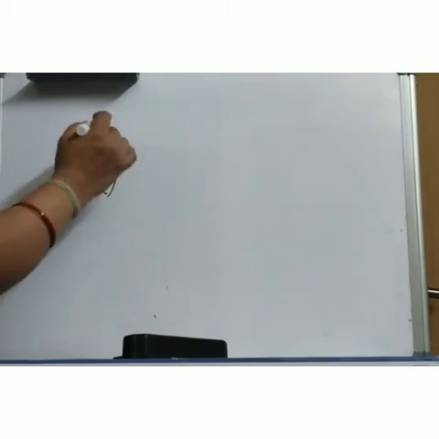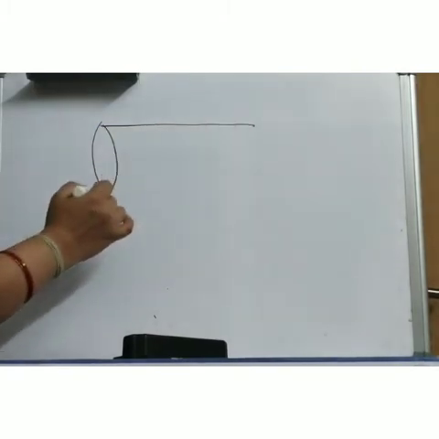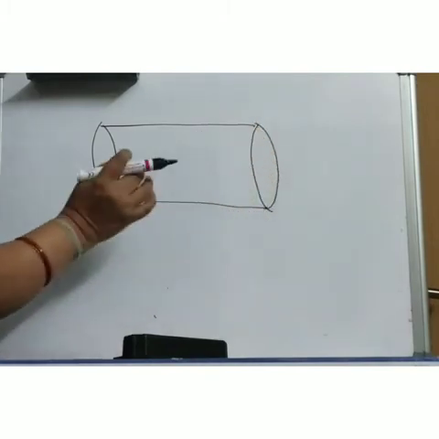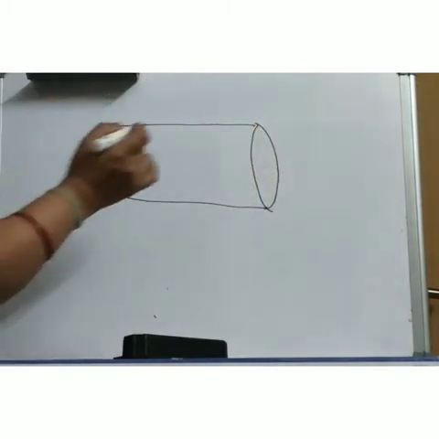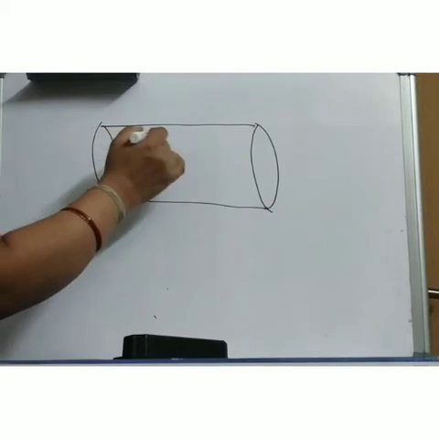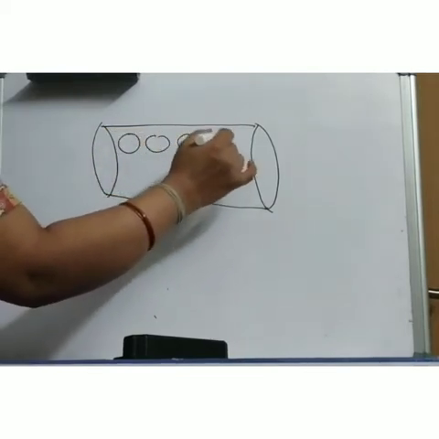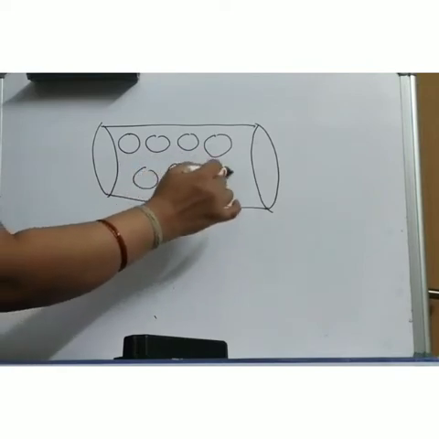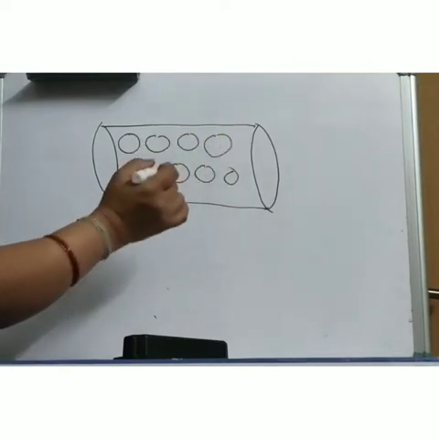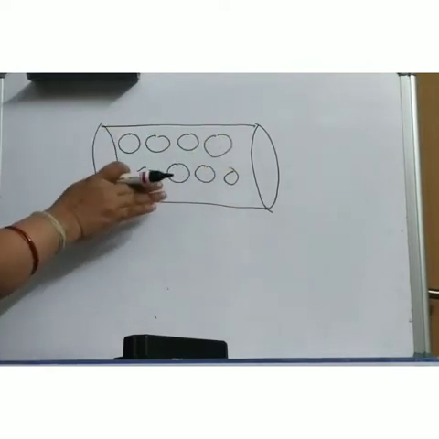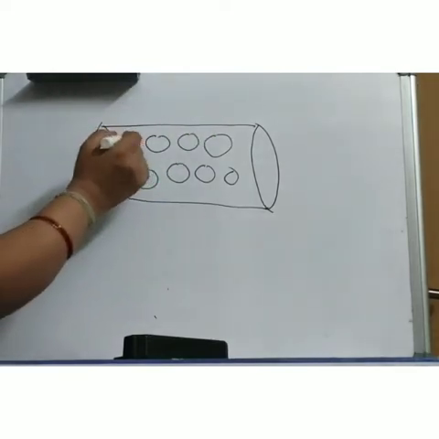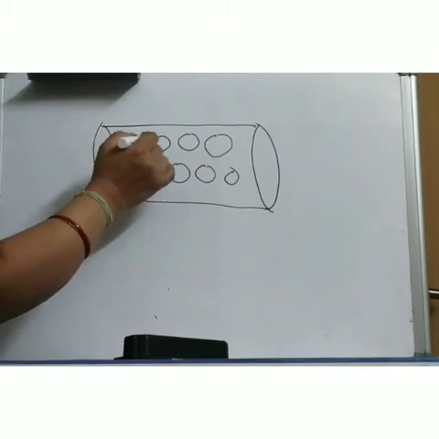Suppose current is flowing in a copper wire, and I have just zoomed in on this copper wire. Copper wire means there will be a lot of atoms. Before connecting this copper wire to any terminal, to the battery, there will be atoms and electrons.